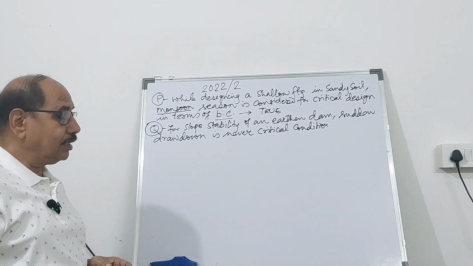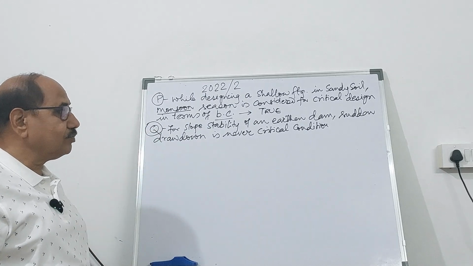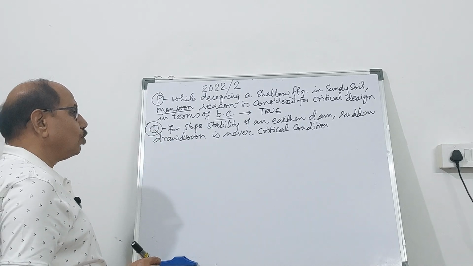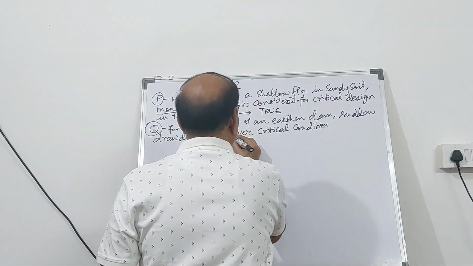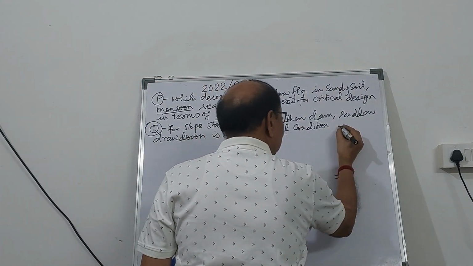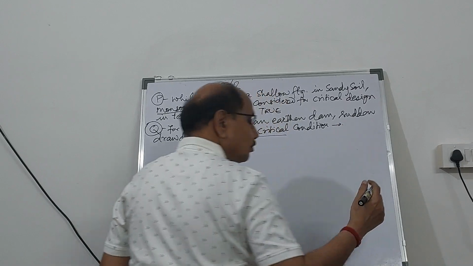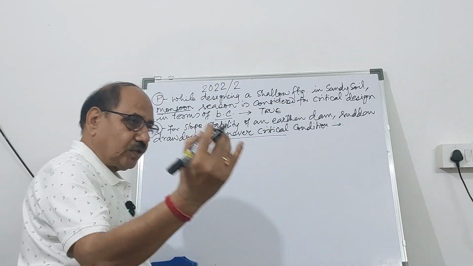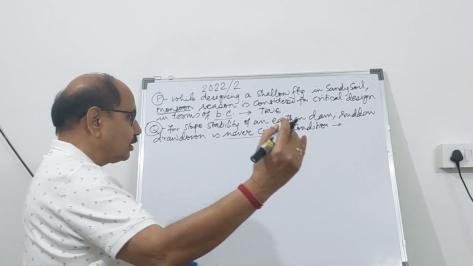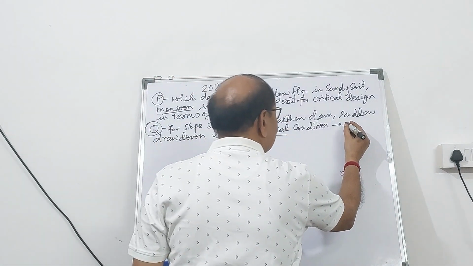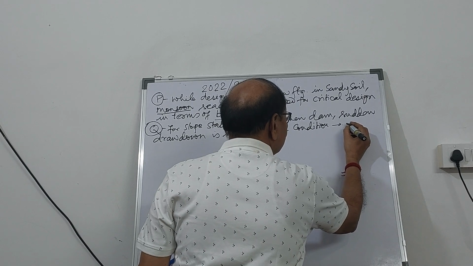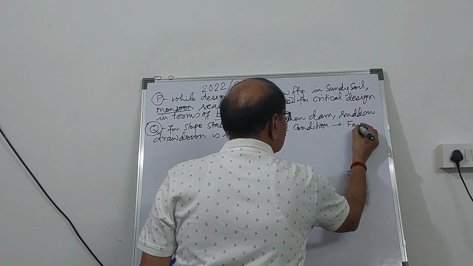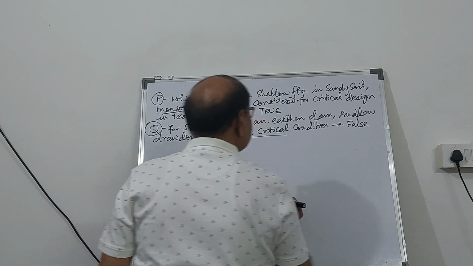So it is critical for slope stability. So this is false. It says never critical, though it is critical because the water is going to come on the upstream side, leading to failure of the upstream slope. And therefore, this is a false statement.